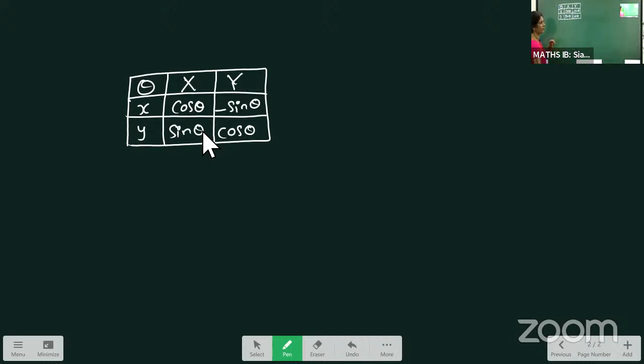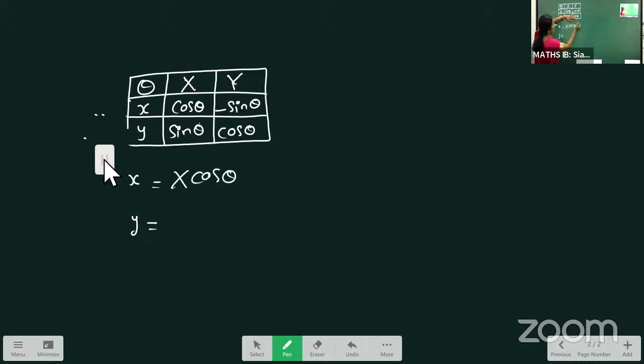I will show you how to remember the formulas here. Suppose you want to write the original values, small x and small y. See here, if you want to write small x, close small y. So what are you getting? Capital X cos theta. The symbol is minus and capital Y sin theta.